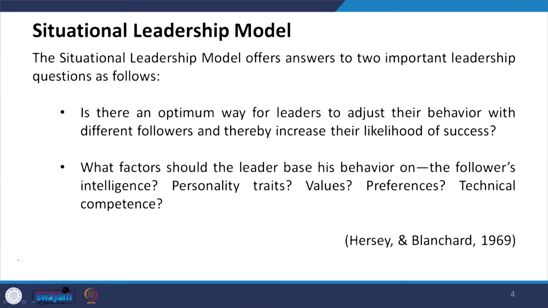What factor should the leader base his behavior on? The followers' intelligence? Therefore, the leader's behavior and the followers' intelligence have to be taken care of. Is the followers' intelligence important, or their personality traits, the value system of the follower, the preferences, or the technical competence?